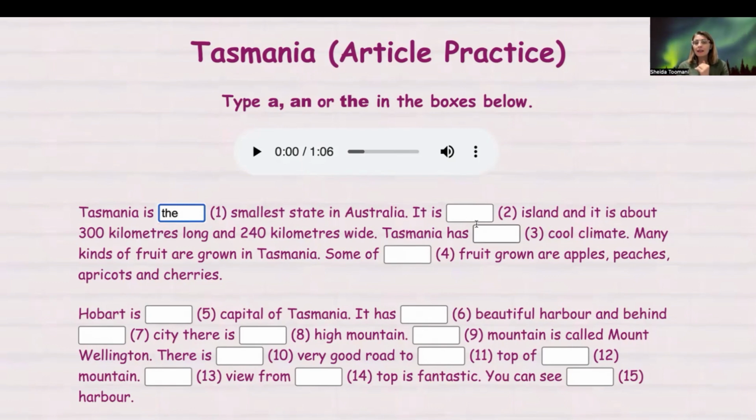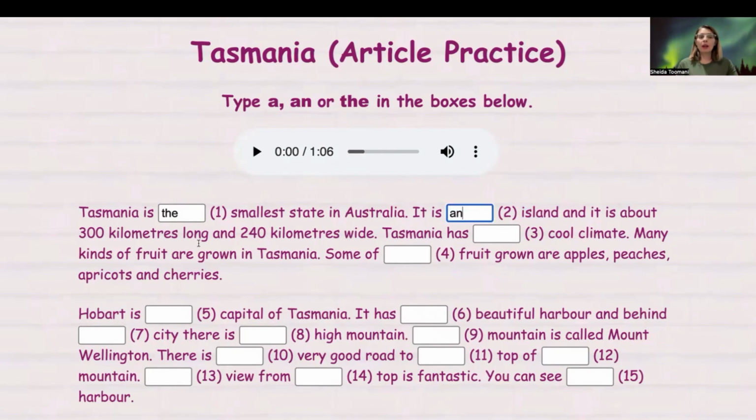Now, it is island. So there is no other information about island. This is the first time that we see this word in this text. It is a noun and it starts with a vowel, so we say it is not familiar, so we say it is an island.